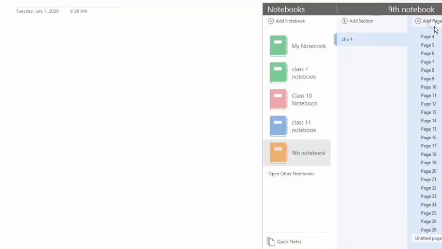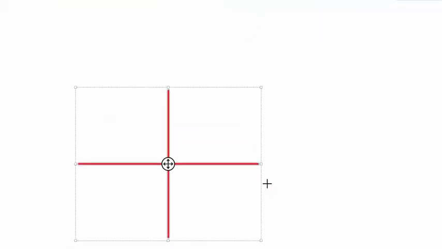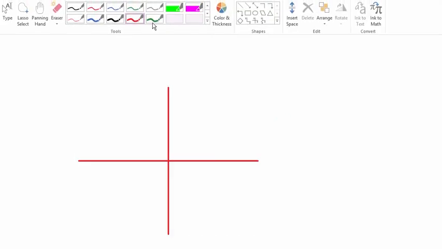Now, if this is my Cartesian plane and the line is passing through the origin, then what will be the equation?